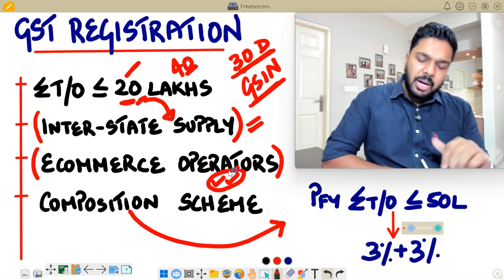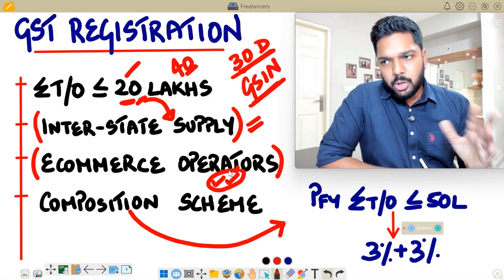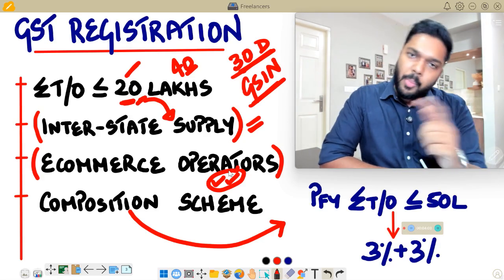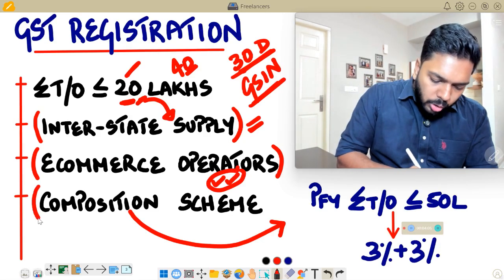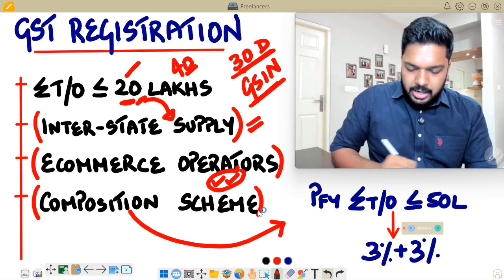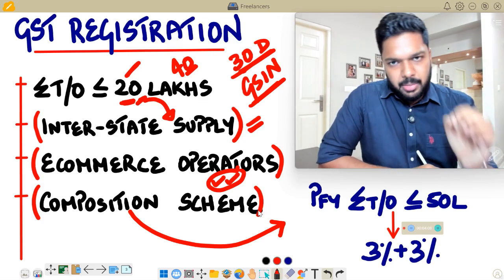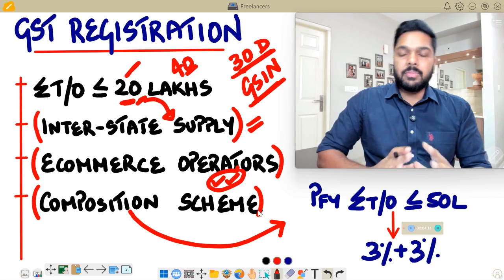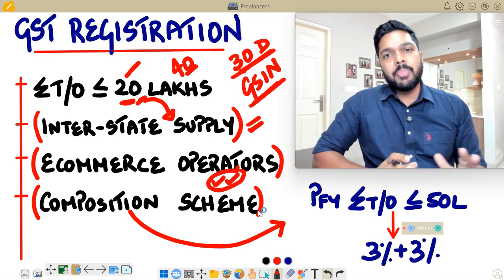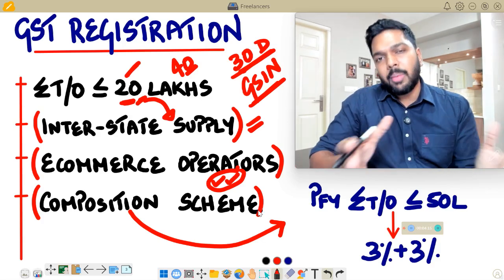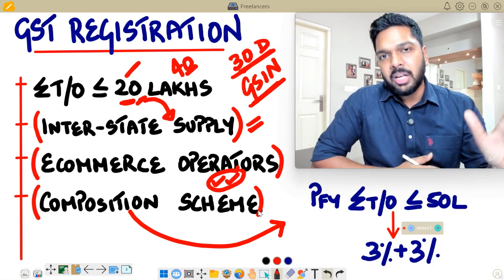Now, once you become liable for GST registration, you have two options: to be registered as a normal taxpayer or as a composition taxpayer. The main benefit of going under the composition scheme is that you end up paying a low amount of GST, because the GST rate is extremely low.